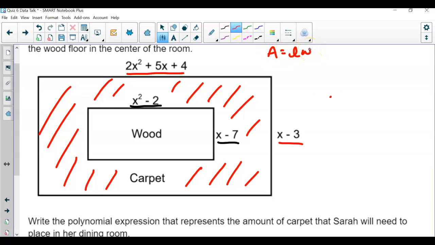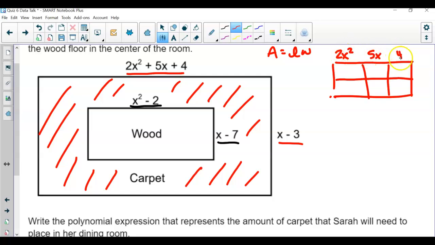You're multiplying. So I'm going to start with the area of the carpet. So this is setting up a 3 by 2. So I've got 2x squared plus 5x plus 4 times x minus 3. So now when you fill in, you have 2x cubed, 5x squared, 4x, then here negative 6x squared, negative 15x, and negative 12.